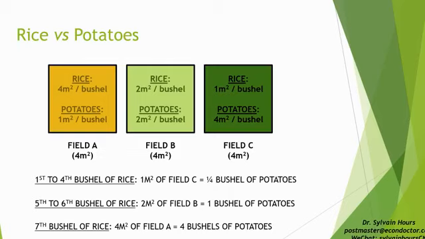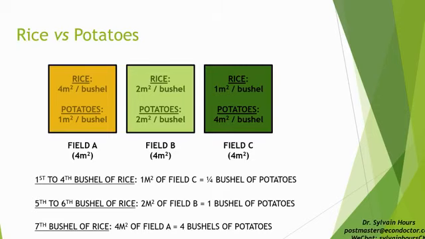Field B and C have already been used, so the only option left is field A. How many extra bushels of rice can we produce in field A, which is really not very good at producing rice? Only 1, because it takes 4 square meters per bushel, which is exactly the size of field A. So we can produce a 7th bushel of rice in field A.